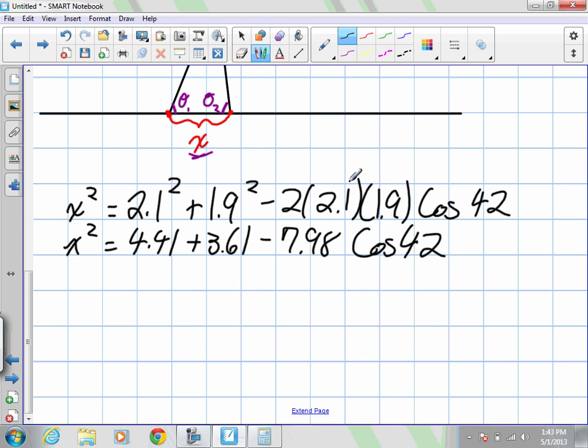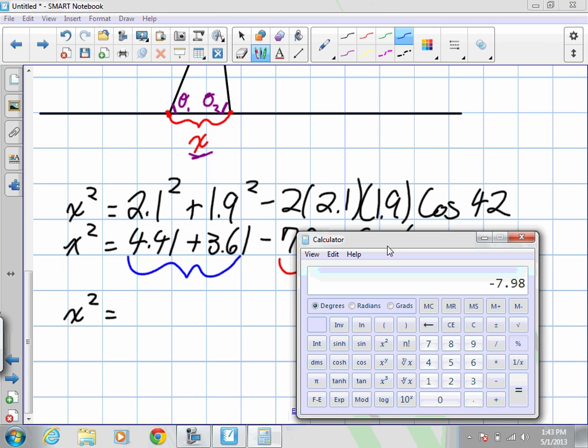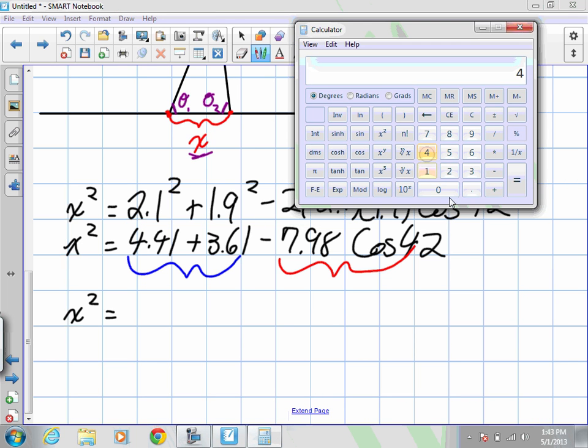Again, because of BEDMAS, we're going to evaluate this part first. So x squared is equal to, and in the meantime, I can put these two values together also. So let's try to do this all in one step here. 4.41 plus 3.61, 8.02.